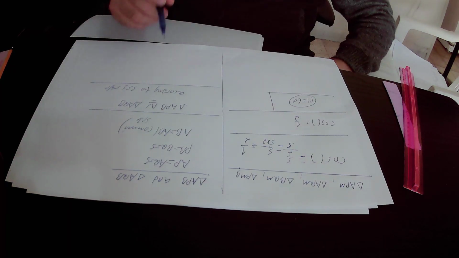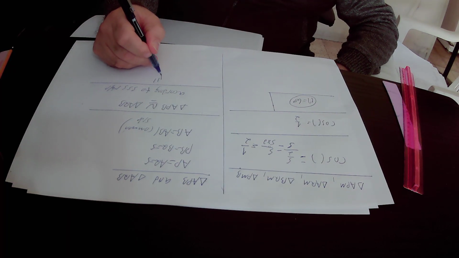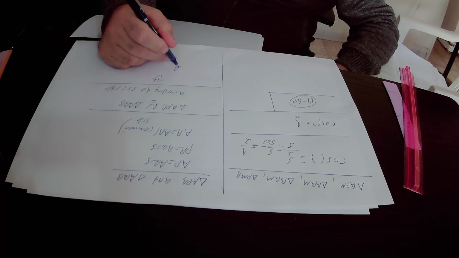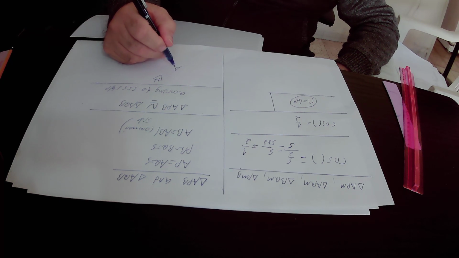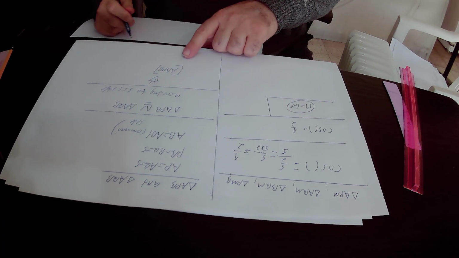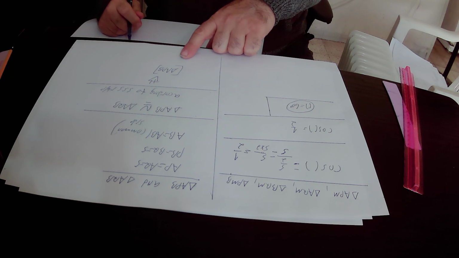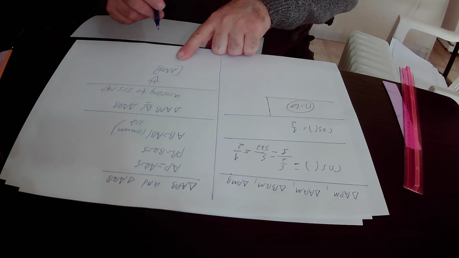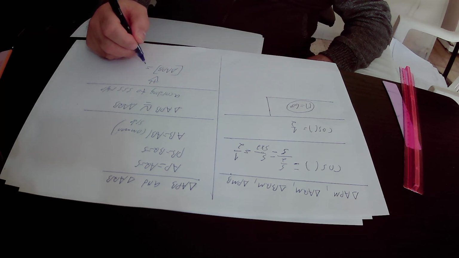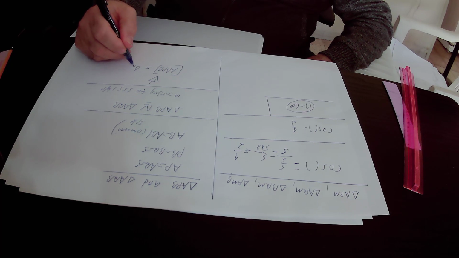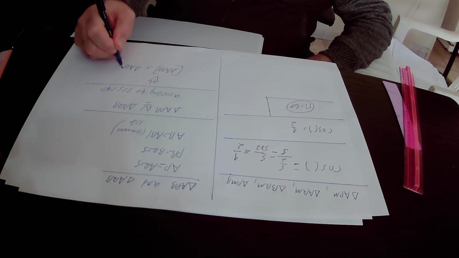So therefore, the area of triangle APB, here the squared bracket is the sign for the area, is equal to the area of triangle AQB.